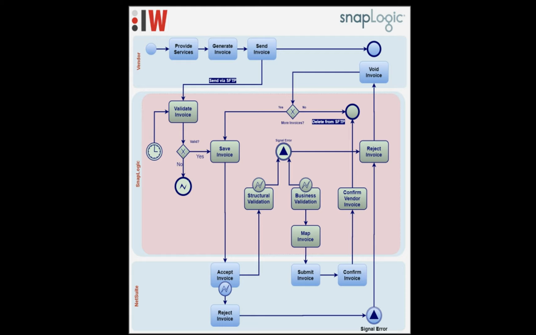Exactly. All of the validation of the fields and the business validation are done in SnapLogic using the predefined connectors, so they can also be easily modified and upgraded if needed. Yeah, and at any time. That will leave basically the NetSuite system, which is the billing system, just to process the invoices.